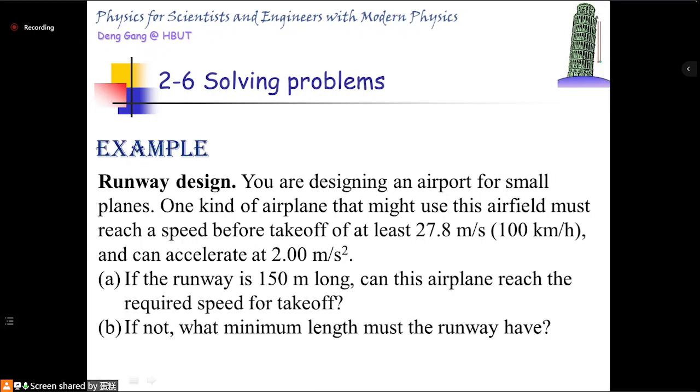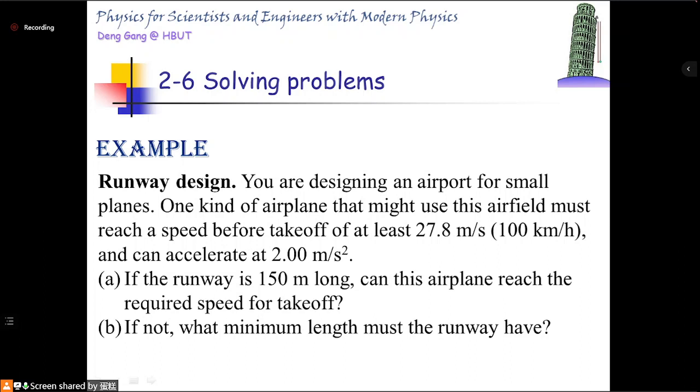Okay, let's look at this example, a runway design. For example, if you are going to design an airport for small planes, one kind of airplane that might use this airfield must reach a speed before takeoff of at least 100 kilometers per hour, which is also 27.8 meters per second.